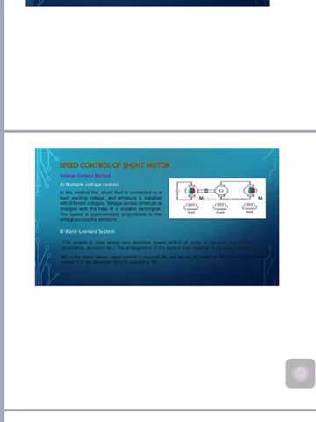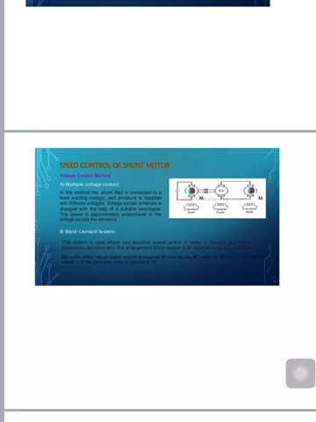This system is used where very sensitive speed control of a motor is required, for example, electric excavators and elevators. We can observe it in this diagram. That is the Ward-Leonard method. It was introduced by Henry Ward-Leonard in 1891. The Ward-Leonard method is used for controlling the speed of a DC motor.